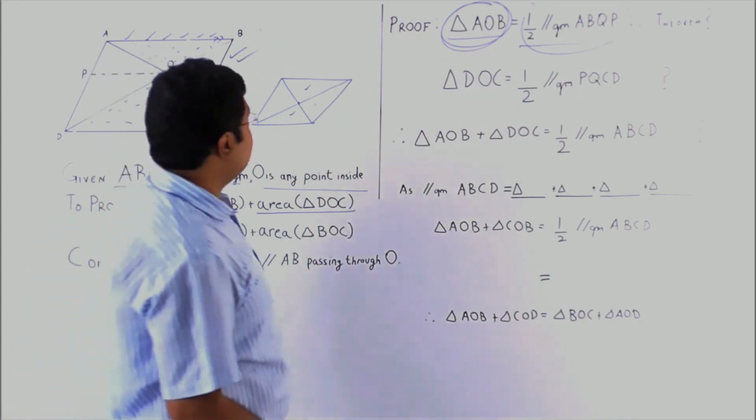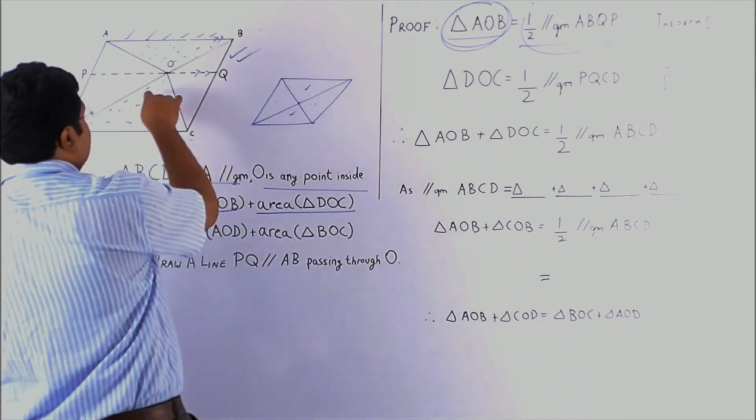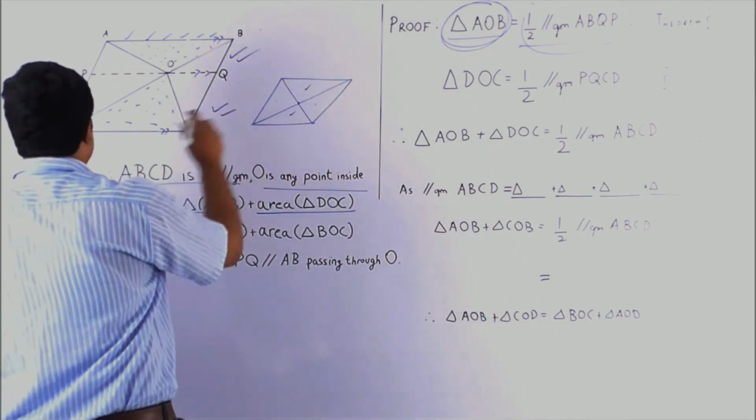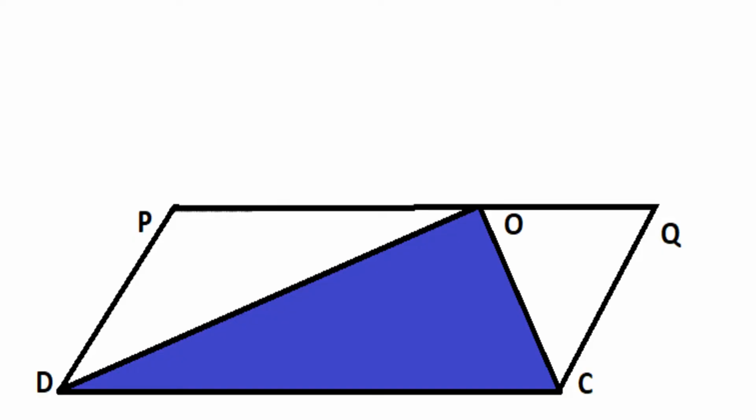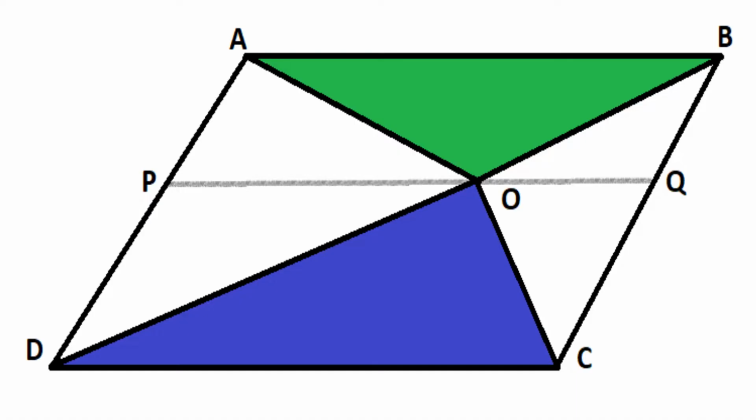Now the same theorem is repeated in the second parallelogram: triangle DOC is half of parallelogram PQCD. So the upper triangle is half of the upper parallelogram, and the lower triangle is half of the lower parallelogram.